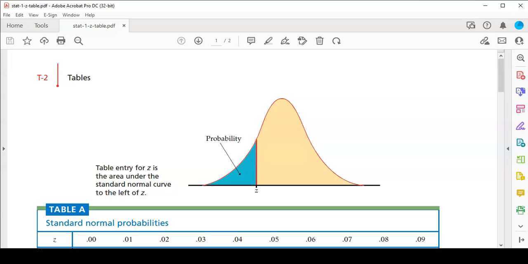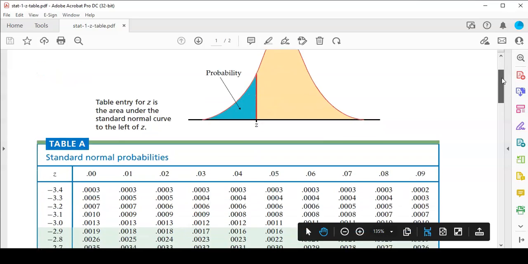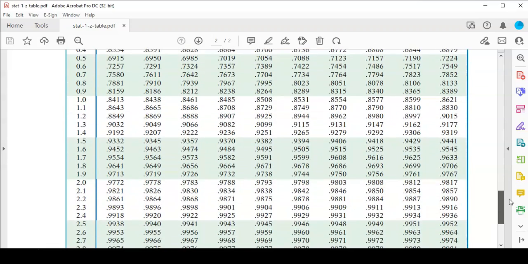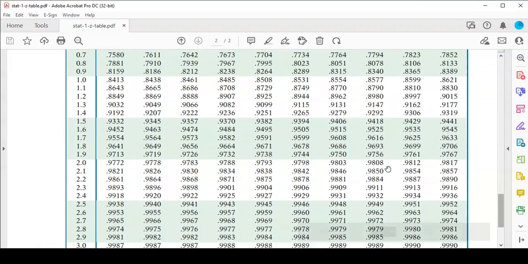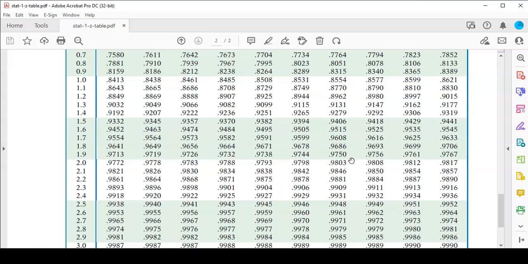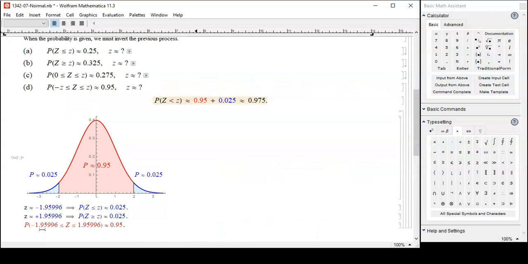Well, if you go ahead and look it up, 0.975, where is it? Right here, 0.975, it's 1.96. 1.95996.